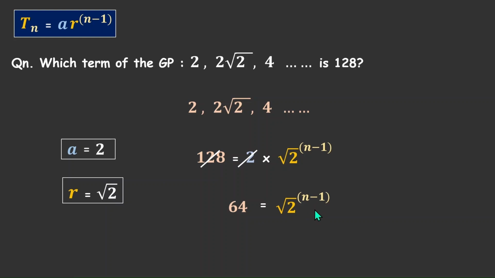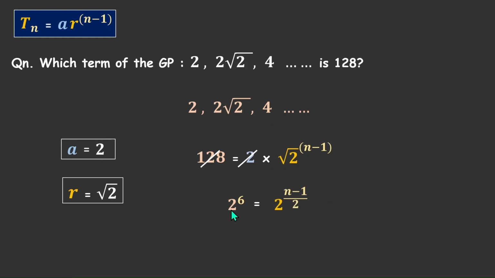Now this might look complicated, but let's bring both sides of this equation to powers of 2. 2 into 2 raised to power 5 is 32, so 2 raised to power 6 is 64. The under root power on 2 simply means half. And half into n minus 1, the power here would become n minus 1 divided by 2.